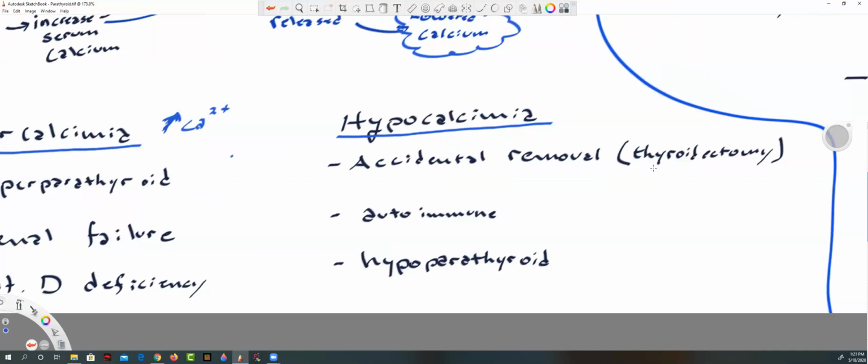Well, the doctors do their best not to remove the parathyroids, but if it's a mess in there, the parathyroids come out as well. Autoimmune diseases seem to attack things like thyroids, parathyroids, adrenals, all sorts of our hormones. And then simple, straightforward, primary hypoparathyroidism.